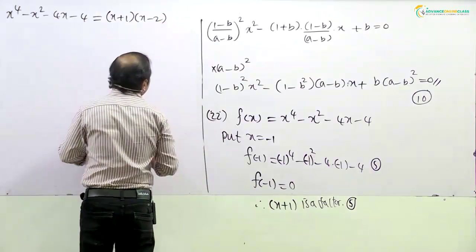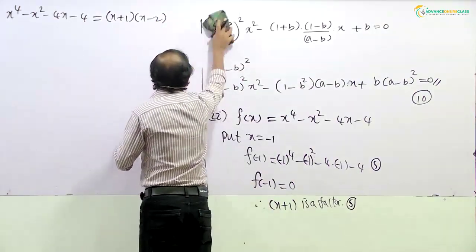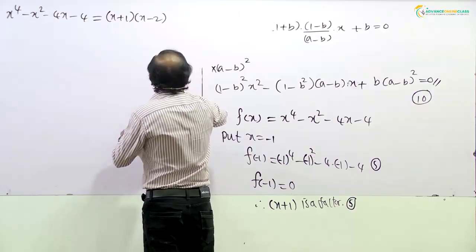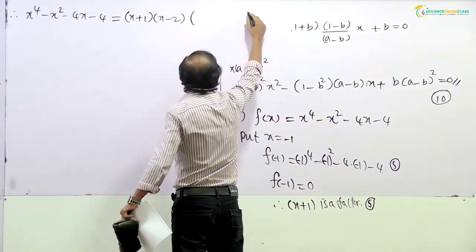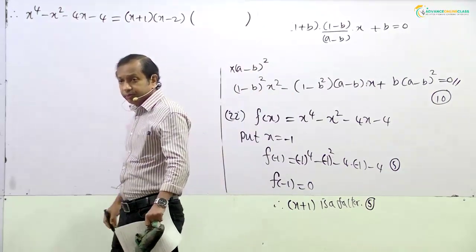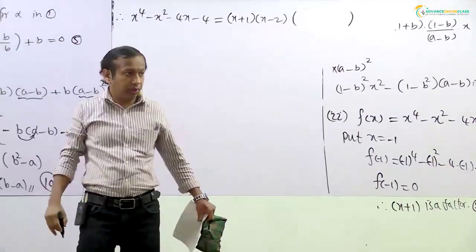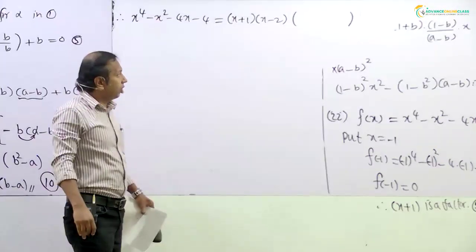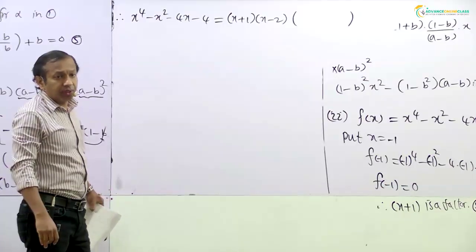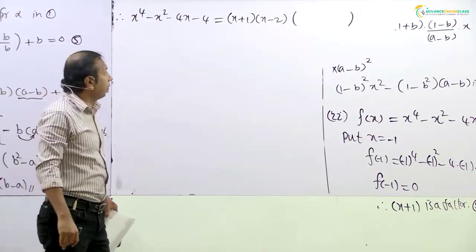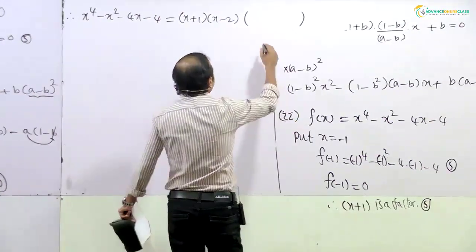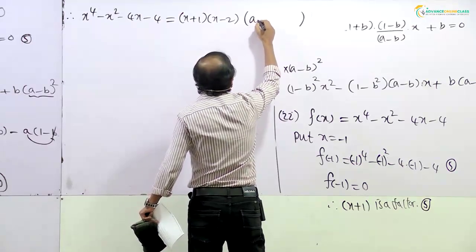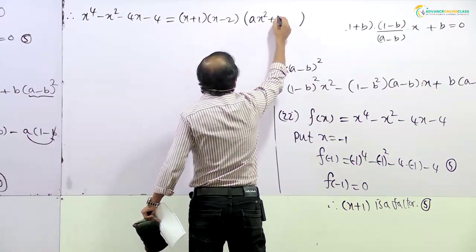Tell me, people, what should be the next factor? Next factor, I write here 2nd degree polynomial. 2nd degree polynomial we can write in the most general form ax squared plus bx plus c.